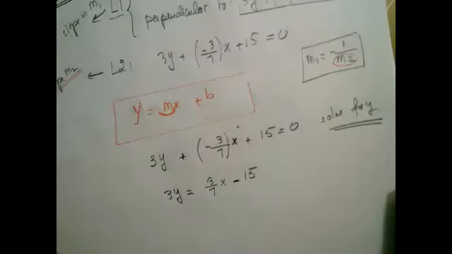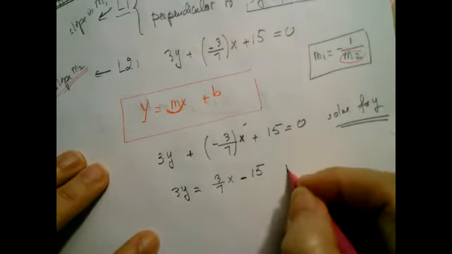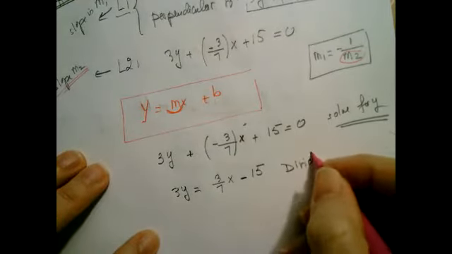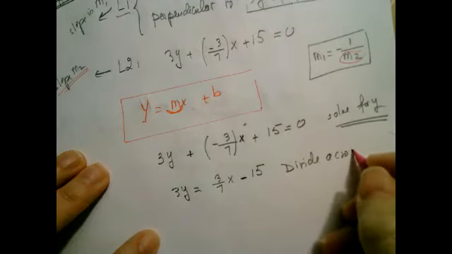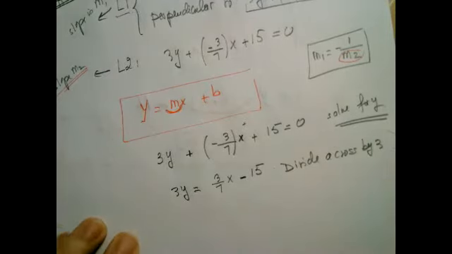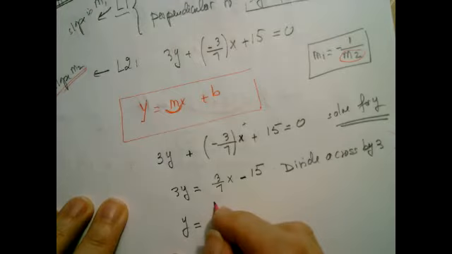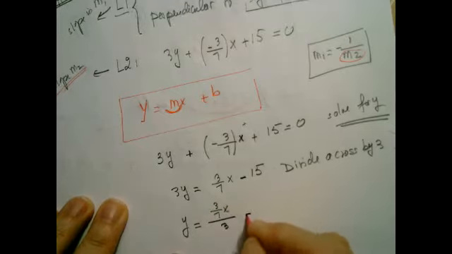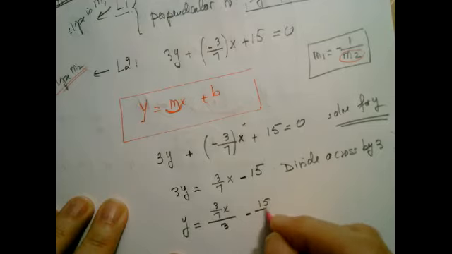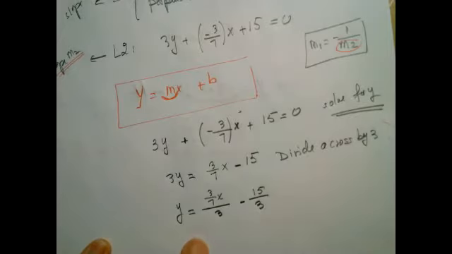I need to isolate my y. So to isolate my y, I need to divide across by 3. Divide across by 3, I will get y equals, where every term is divided by 3, every one of them.